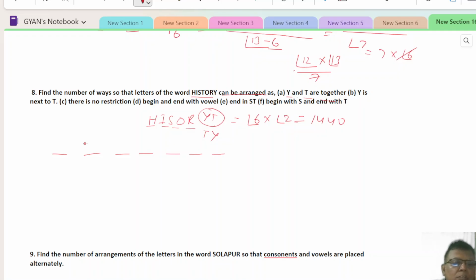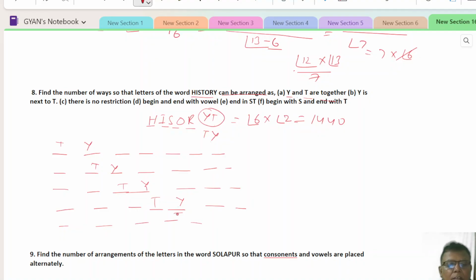And Y is next to T. So Y can be either this way, or this way, or this way, or this way, and one more. So that is total 6 ways: 1, 2, 3, 4, 5, and 6 ways.